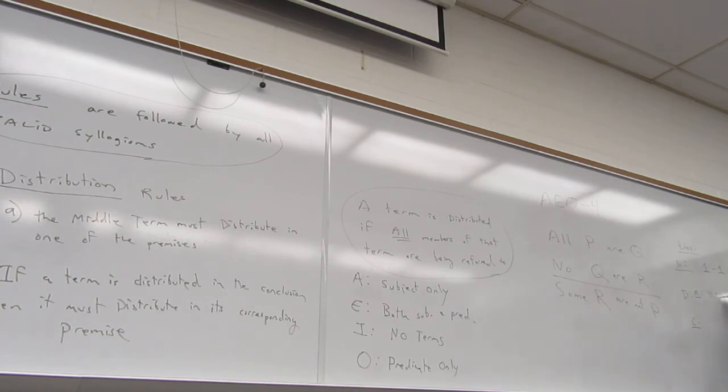Distributes as the subject of an E statement. The middle term distributes. Does this one distribute the middle term? It does not, because A statements don't distribute predicates. This one passes this test.